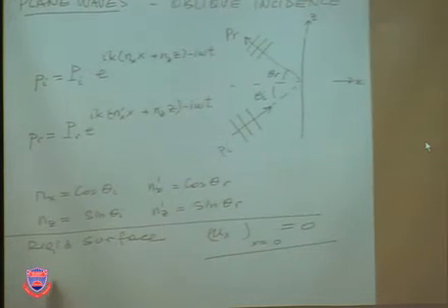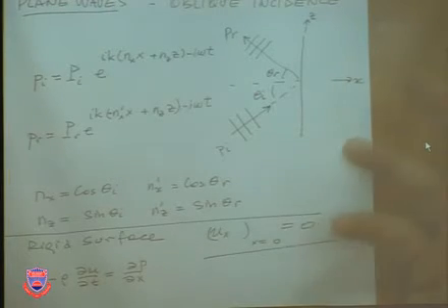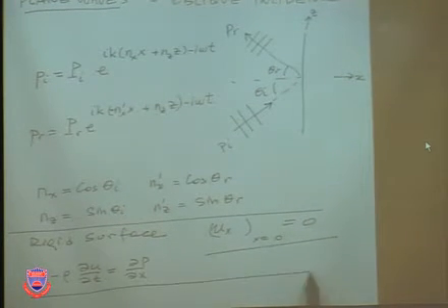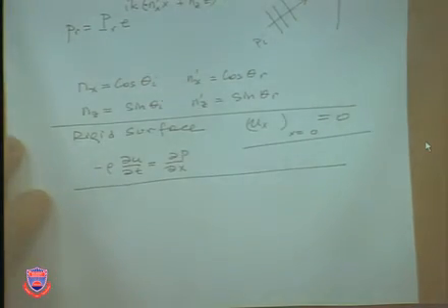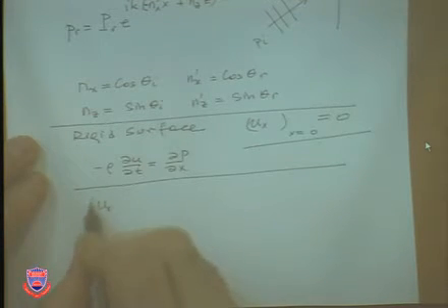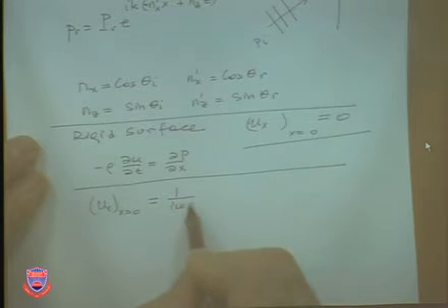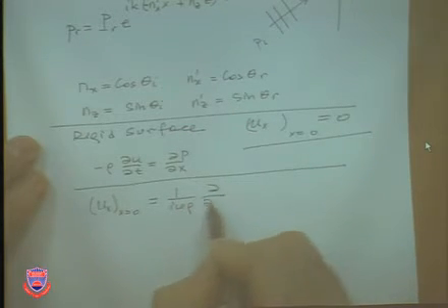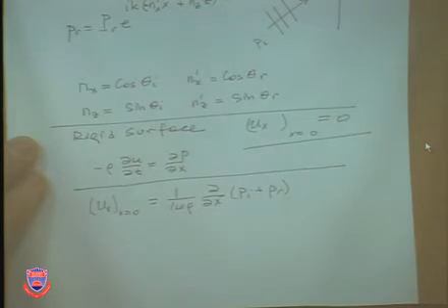And just to remind you one more time, the relationship between the acceleration of the particle times the density is the gradient with respect to some direction. So with those in mind, you can say u of x at x equal to 0 can be expressed as follows.